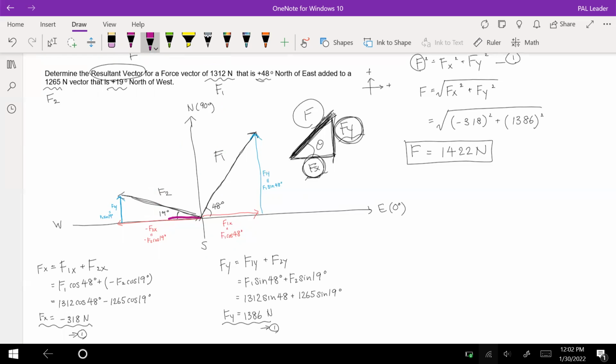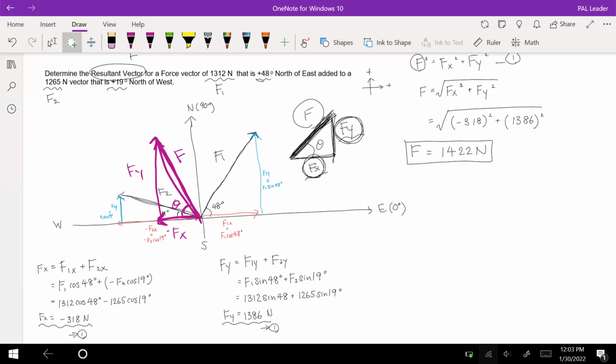We're going this way. Oh, that's nice. We're going in a negative Fx and then in a positive Fy. So the resultant is positive, like this, it's just F, and we want to find this.